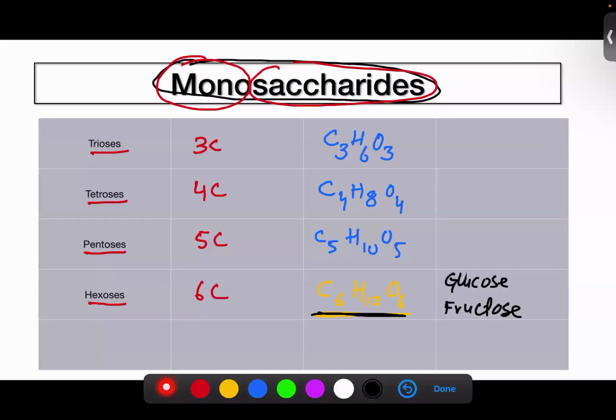There are examples of other monosaccharides as well, like pentoses, which is ribose.